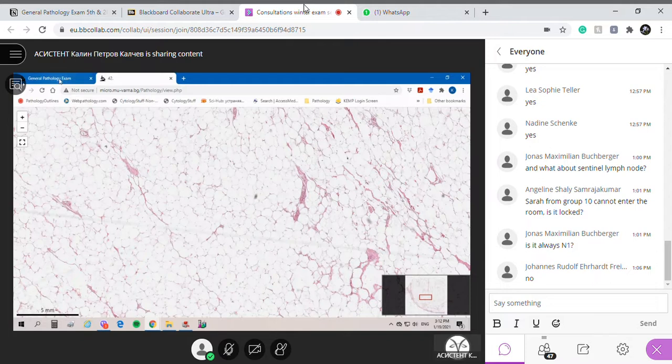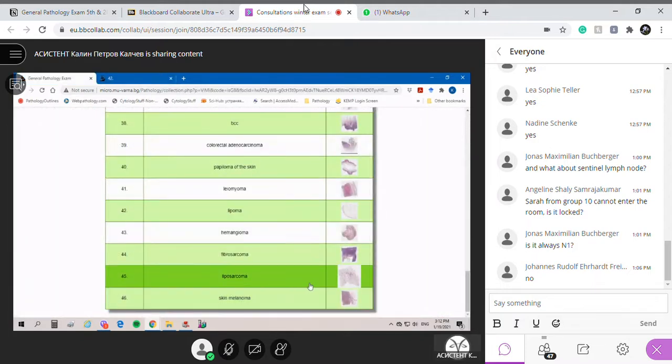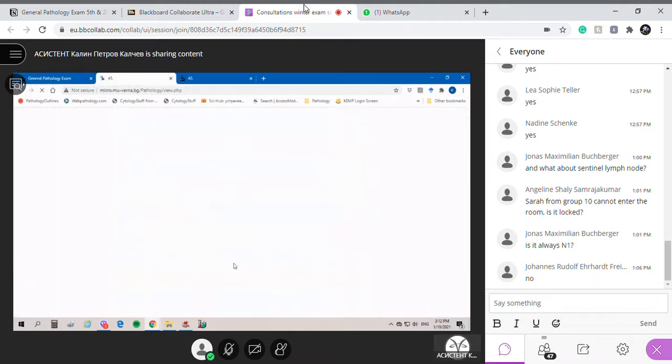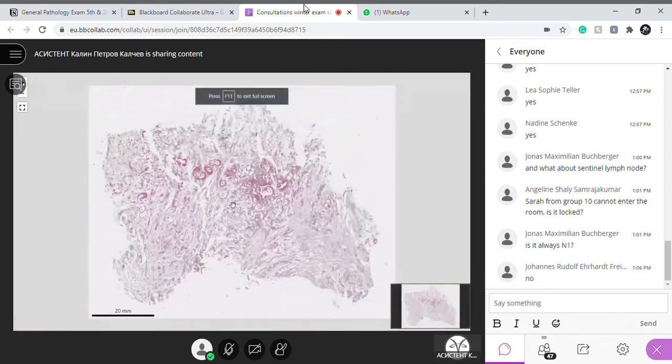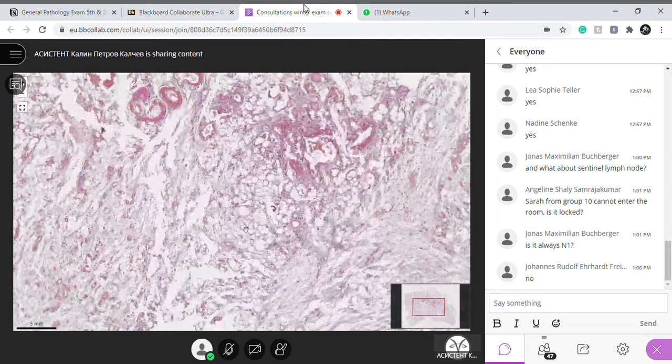And in regards to this, I want to show you the malignant counterpart of that tumor. Okay, this is the liposarcoma, slide number 45, in which you can easily see that it derives from the adipose tissue, because you can see some adipocytes here.